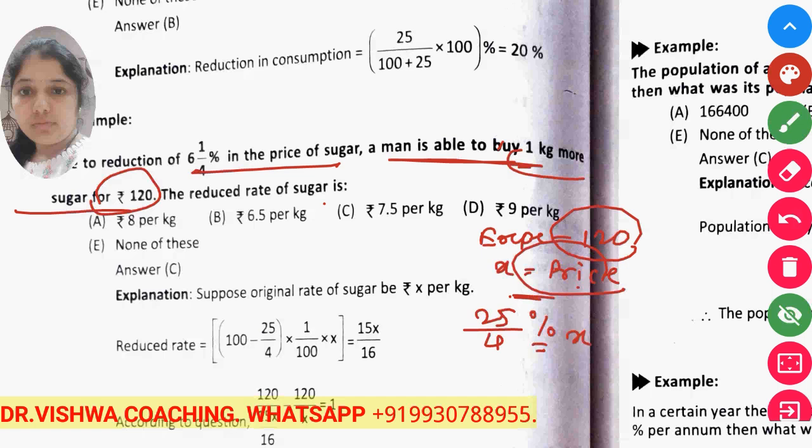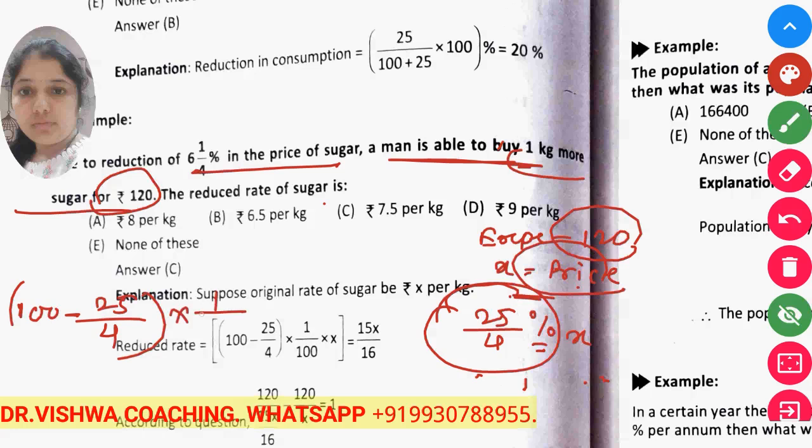x rupees. Now we have to calculate: first convert this percentage into rupees and then multiply it with x. So what we do, 100 minus 25 upon 4 into 1 upon 100 multiplied by x.